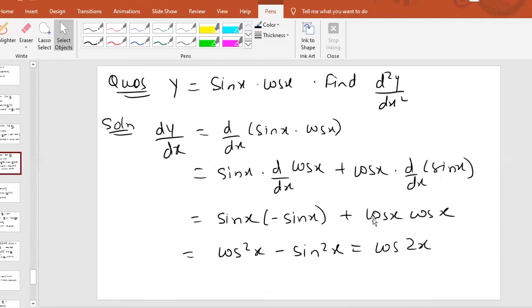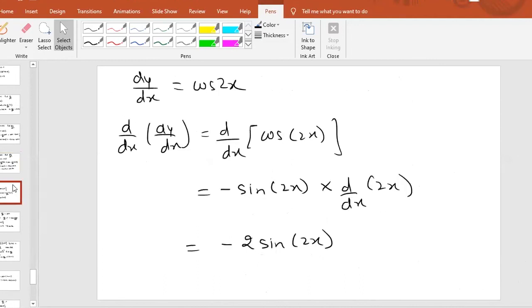In 16, what is the problem? I think it's simple, we are using the product rule here. Sin x times the differentiation of cos, which is minus sin x, plus cos x times the differentiation of sin x, which is cos x. Then it becomes cos square x minus sin square x. If you remember the trigonometric formulas, cos square x minus sin square x is known as cos 2x. Then dy by dx is cos 2x.